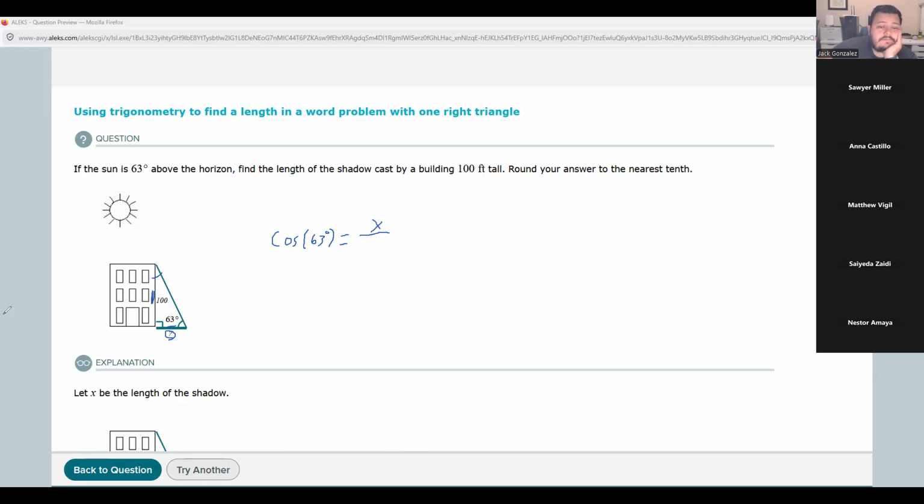Which one is it? Because I don't have the hypotenuse. Do you need one without the hypotenuse? It can't be sine or cosine. Let me see.